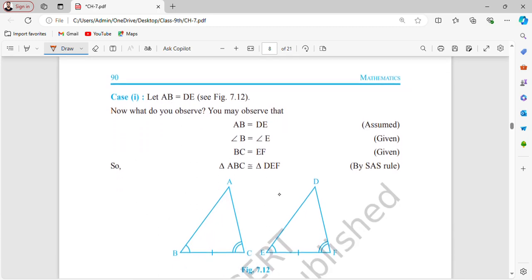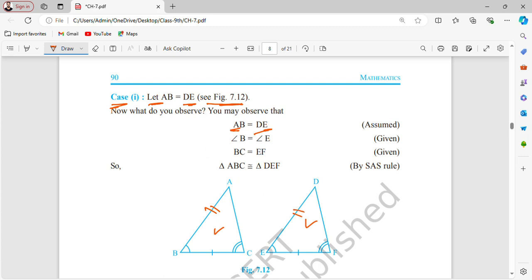Case number 1. Let AB be equal to DE in figure 7.12. This is triangle ABC and this is triangle DEF. AB is equal to DE; this side is equal to this side.